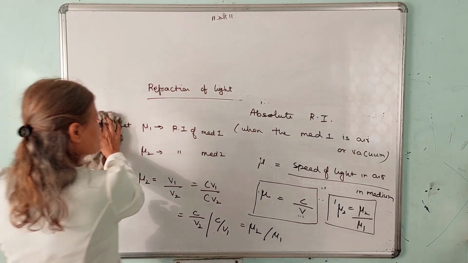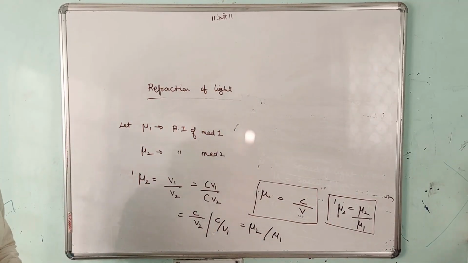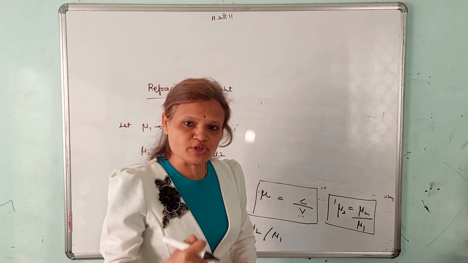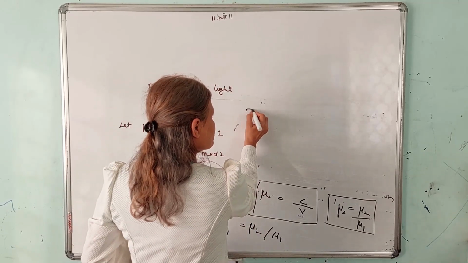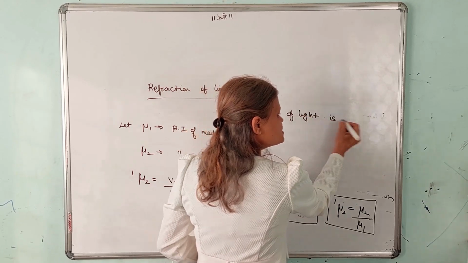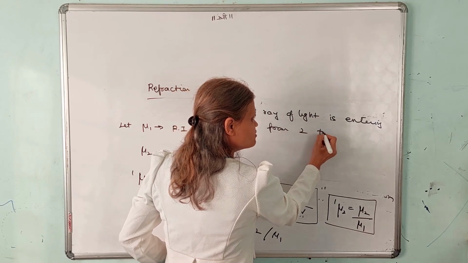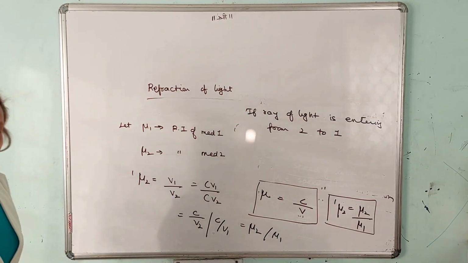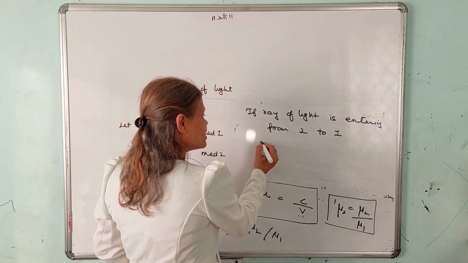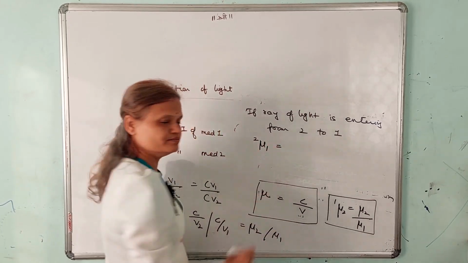There is one more relation. Now suppose we change the direction of the ray of light from where it is entering. Now let us say that it is entering from 2 to 1. So if the ray of light is entering from 2 to 1, then in this case there will be the refractive index of 1 with respect to 2.